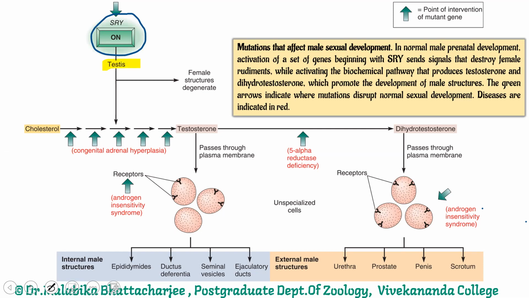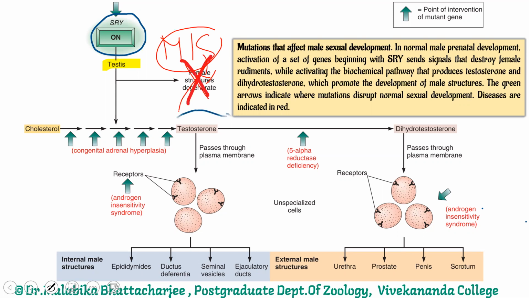The moment testes formation starts, as we just discussed, the testis determining factor is also capable of activating an autosomal gene, the Mullerian inhibiting substance gene, which produces the MIS. Once MIS is produced, we see the degeneration of the female reproductive structures.